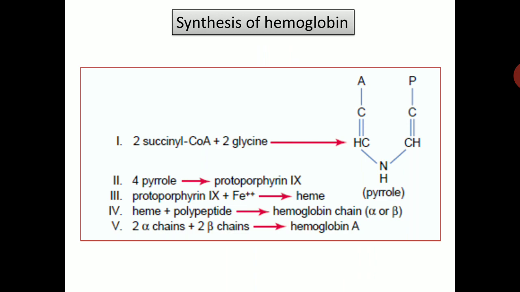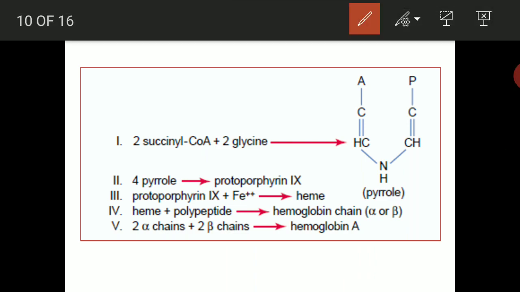Now coming to synthesis of hemoglobin, in a very simplified way, not as in biochemistry where you'll see very complicated diagrams. So 2 succinyl coenzyme A molecules and 2 glycine molecules will form one pyrrole ring. Okay, and when 4 pyrrole rings combine, they form protoporphyrin 9, and this protoporphyrin 9, when combined with Fe2+, is heme.